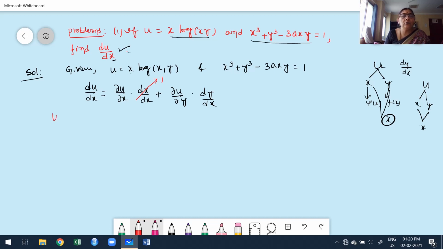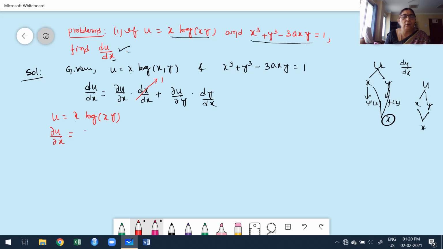Now you have u. What is u? It is x log of xy, a function of two variables. Therefore, now I go for the partial derivative. What is the partial derivative of u with respect to x? Go for the product rule because it's a function of both x and y.